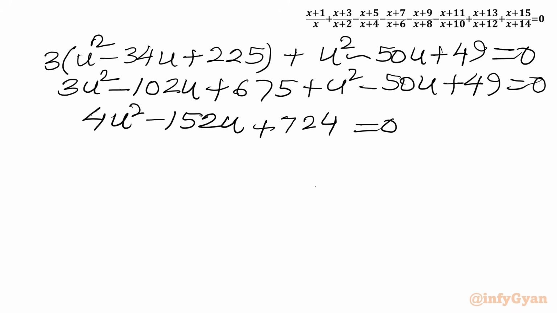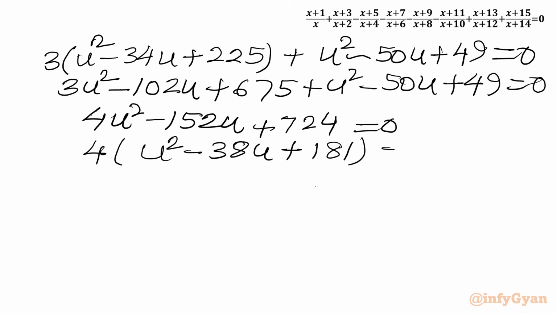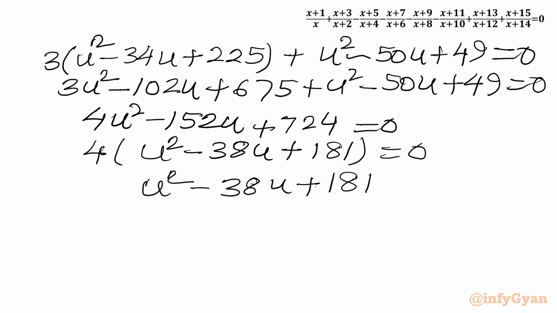Now we can take 4 common. So in the bracket we will get u square minus 38u plus 181 equal to 0. So we have one quadratic equation, u square minus 38u plus 181 equal to 0.